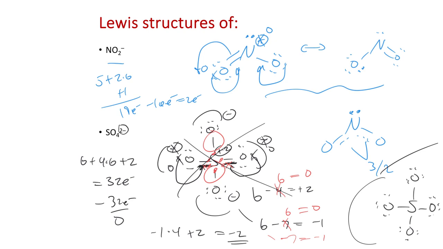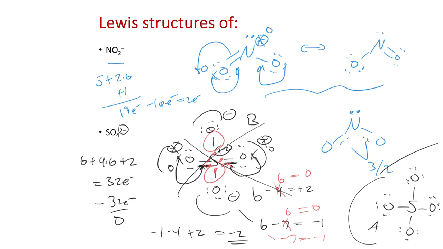The book leaves it a little too open-ended in my opinion, but I think we're not gonna ask you for sulfate, is it better for it to have 4 single bonds or 2 single and 2 double? The better question is just to ask the more realistic question, which is, are all the bonds equal in length in sulfate? Because it doesn't matter if you think it's, let's call this one structure A, let's call this one structure B. It doesn't matter if you think it's A or B.